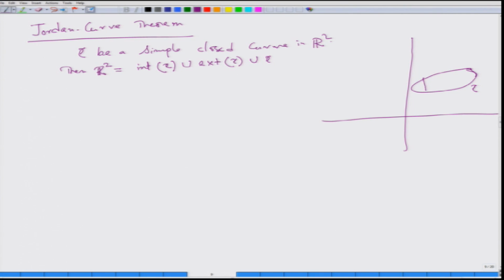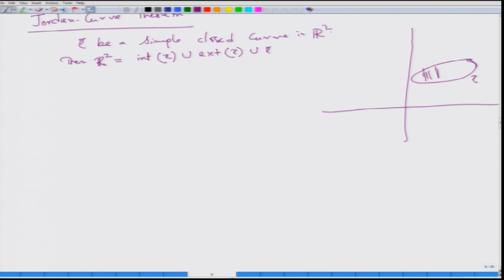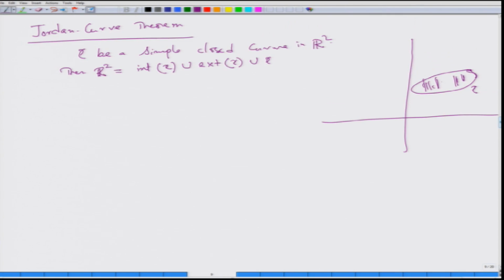What is interior gamma? The shaded portion, this part is called interior gamma, that is the area enclosed by gamma.